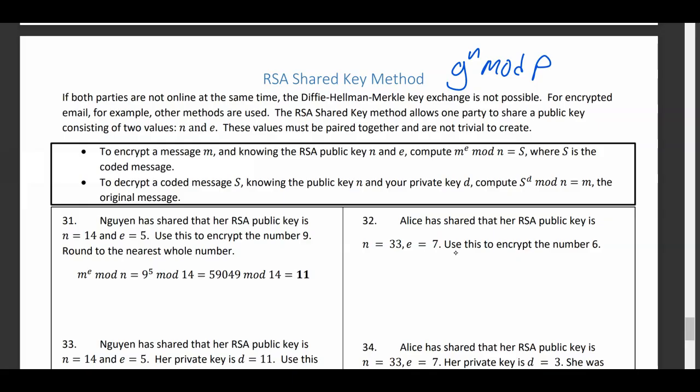But in this case, N is the P value. It's kind of weird. The E is the N value. How do we do this? So this is the encryption. It's the exponent and it's the encryption. You'd think of the E as the exponent, but you would also think the E is the encryption.